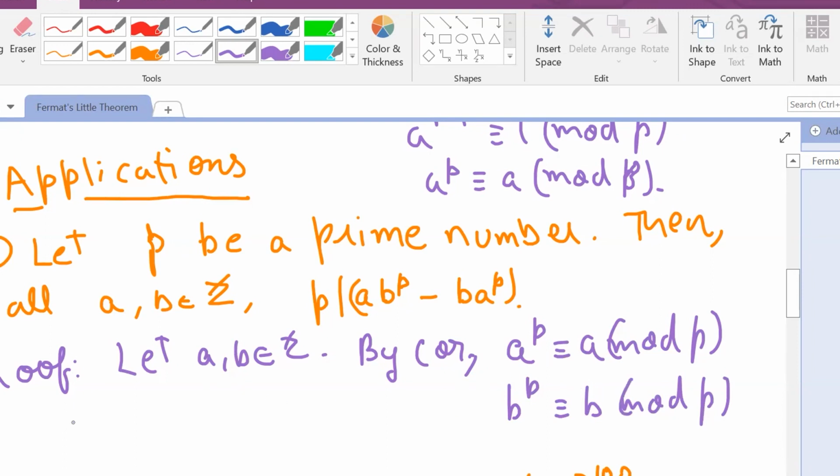Now, because of that, what happens to AB to the P, for example?